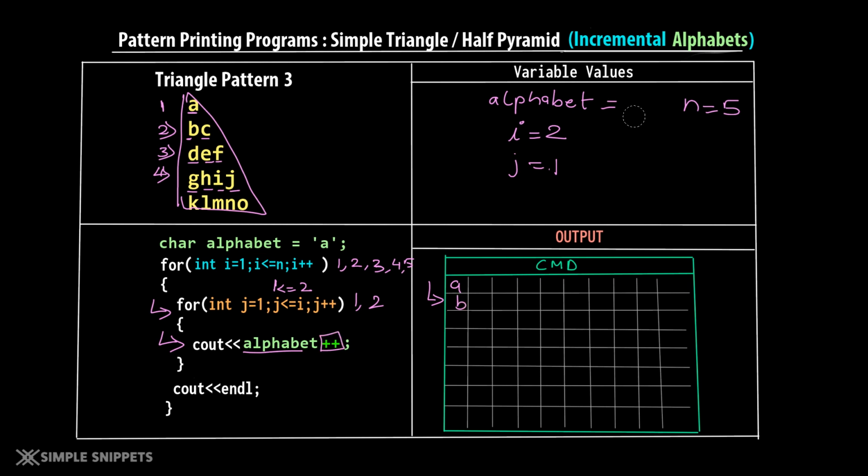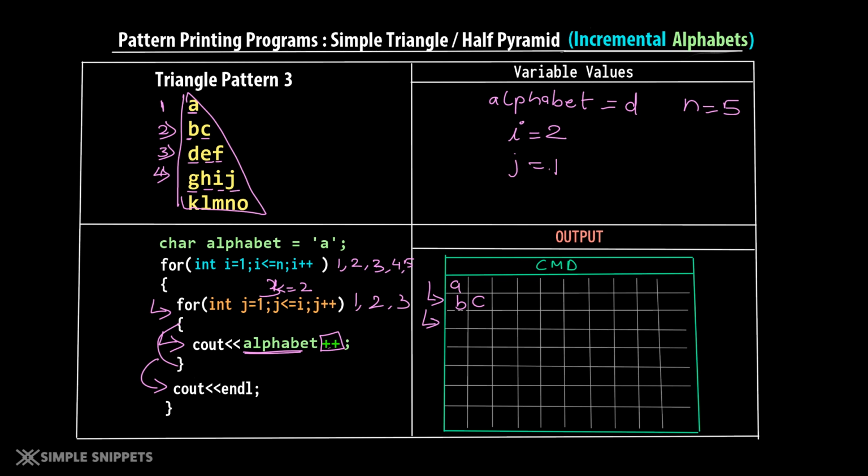So alphabet value becomes C. For the second round, again you say alphabet plus plus. What is the value inside the alphabet variable? It is C. So C is printed and then you say plus plus. So alphabet value becomes D. So after 2 rounds of the inner for loop, j becomes 3 and 3 is not less than or equal to 2. So you'll come outside the for loop, you'll say cout endl.